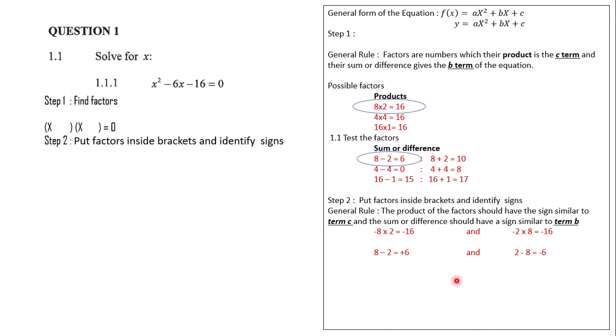And there you will see that 8 minus 2 gives us a positive 6, and that is not a positive 6 there. So that negative 16 over there, you can see we achieve it when we multiplied negative 8 times 2, and that pair there, positive 2 and negative 8, gives us minus 6, and that is that negative 6 right there.